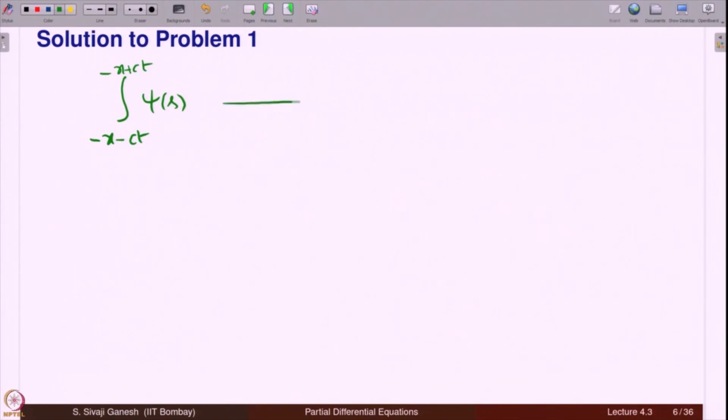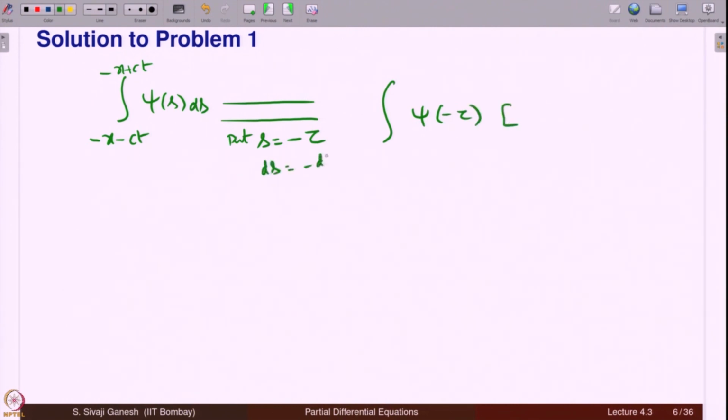Now, we apply a change of variable, put s equal to minus tau. Then inside it is psi of minus tau and ds is minus d tau. Okay, fine.